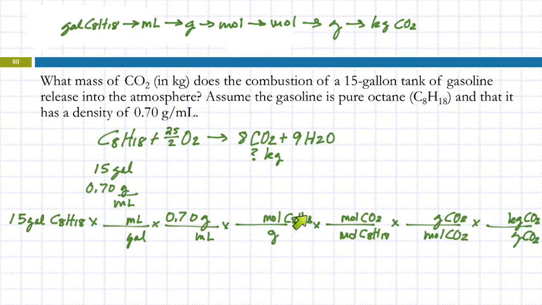And then I've got moles of octane in grams. Well, I need a molar mass, don't I? I can calculate that. 8 times the mass of carbon plus 18 times the mass of hydrogen. 114.144.